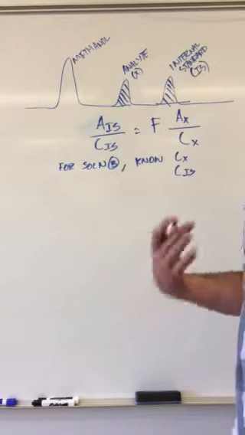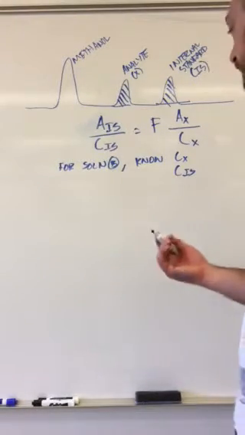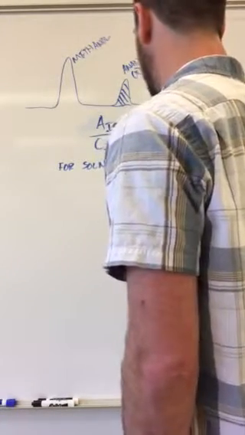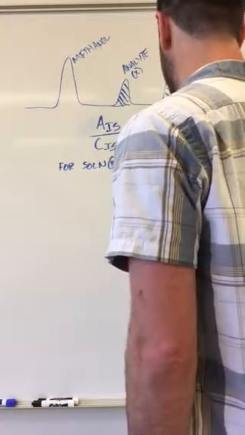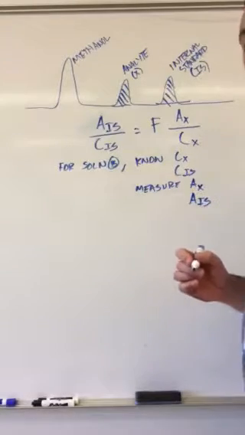So you know the masses and you know the concentration in terms of mass percent. And you also measure the area of the analyte and the area of the internal standard.